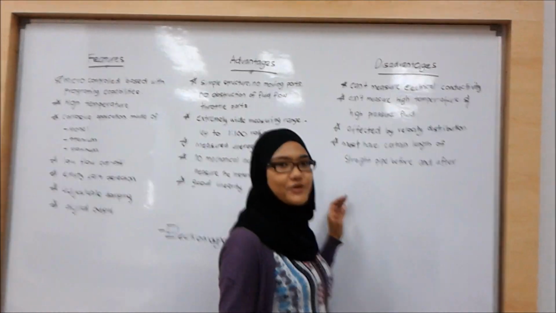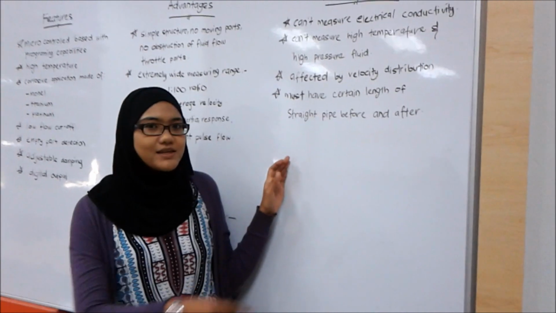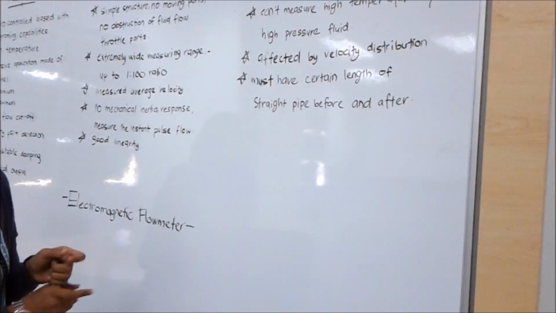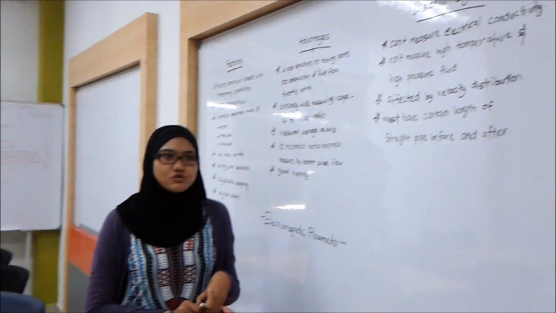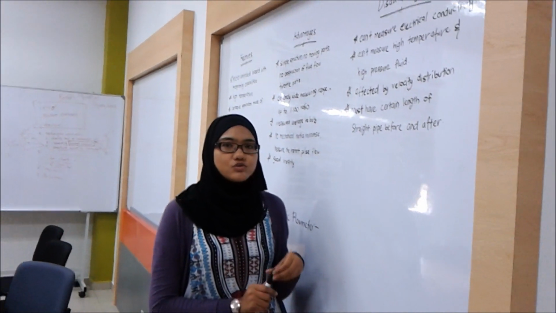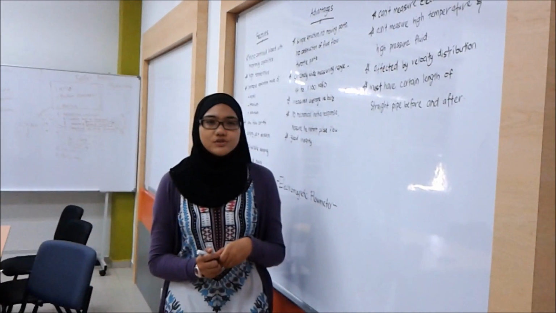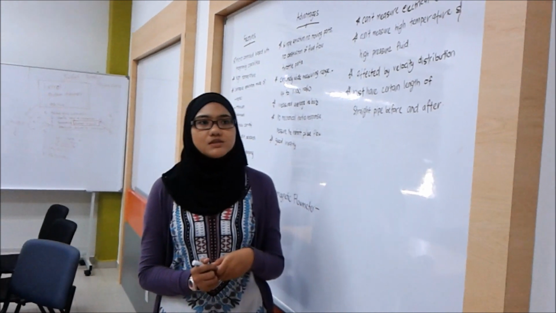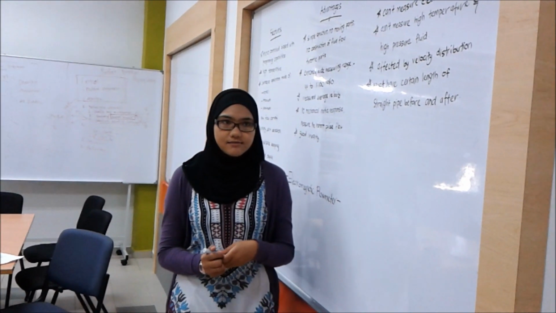Okay, next I will go through the disadvantages of electromagnetic flow meter. The electromagnetic flow meter cannot be used to measure fluids with low electrical conductivity. It also cannot measure high temperature and high pressure fluid because of the temperature, pipe, insulation, lining material constraints.